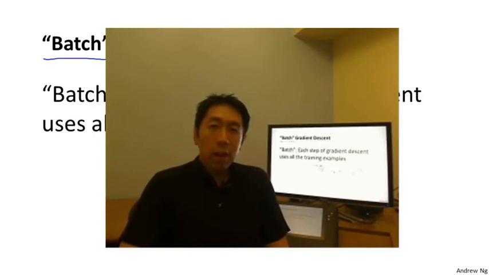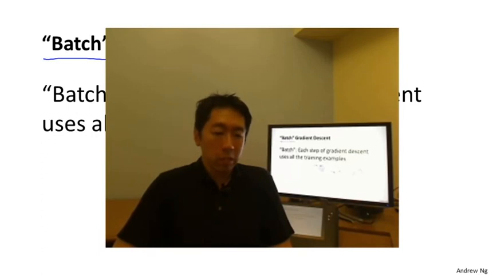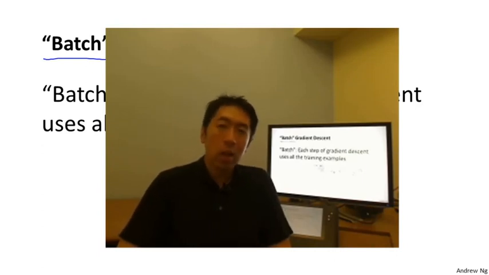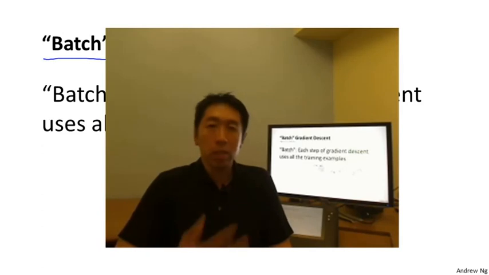If you've seen advanced linear algebra before, some of you may have taken a class in it, you might know that there exists a solution for numerically solving for the minimum of the cost function J without needing an iterative algorithm like gradient descent. Later in this course, we'll talk about that method as well, which solves for the minimum of the cost function J without needing multiple steps of gradient descent.